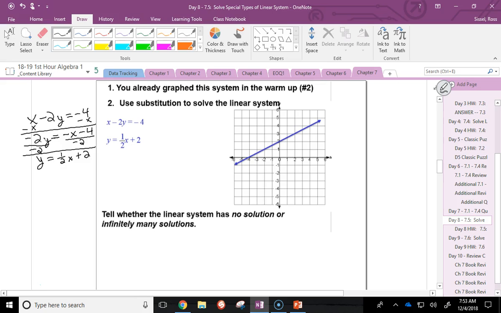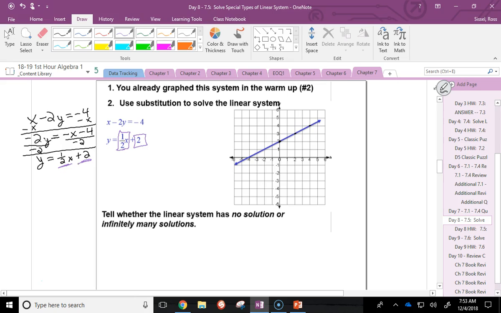When we graph that line, here's the y-intercept, and then the slope was 1 over 2. So up 1 over 2, up 1 over 2. The blue line, that was our given line. On the second line, here was the slope, 1/2. There's my y-intercept.